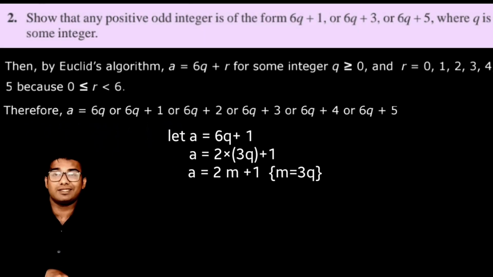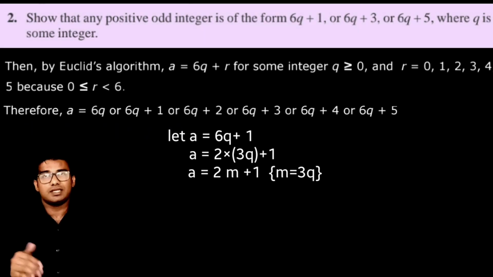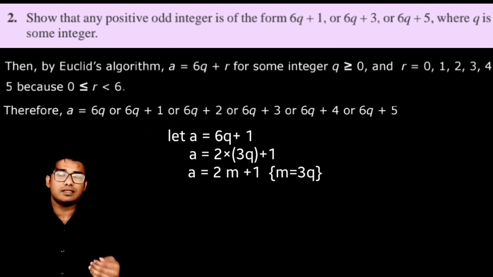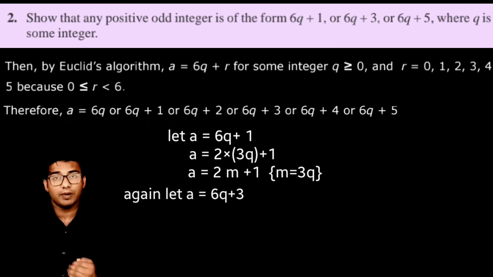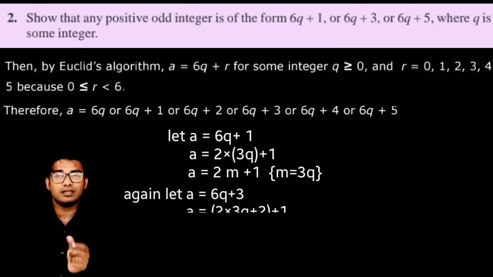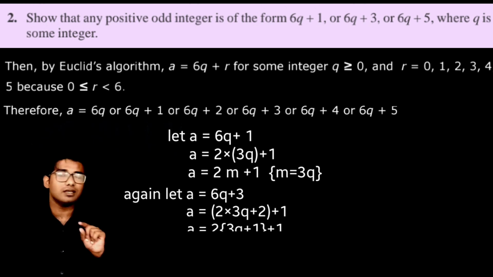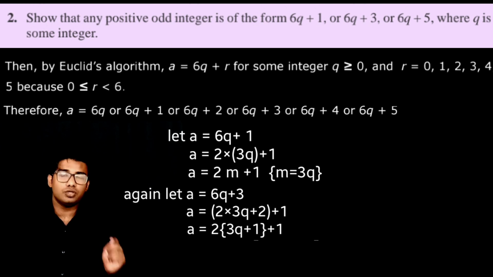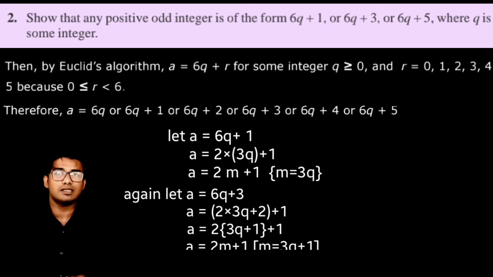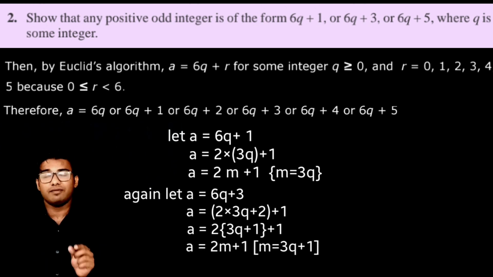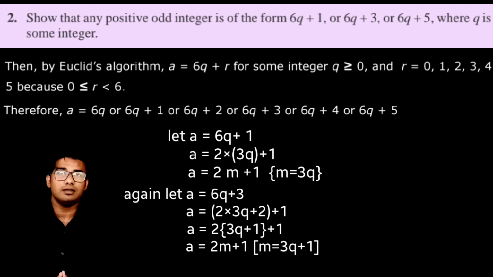So the number 6q plus 1 is odd. 6q plus 2 we leave, and take 6q plus 3, which is equal to 2 multiplied by 3q plus, we can break 3 as 2 plus 1. Take 2 common, so 2 bracket 3q plus 1 bracket close, plus 1.